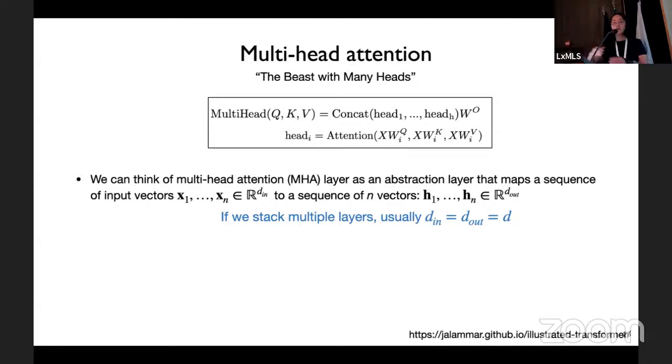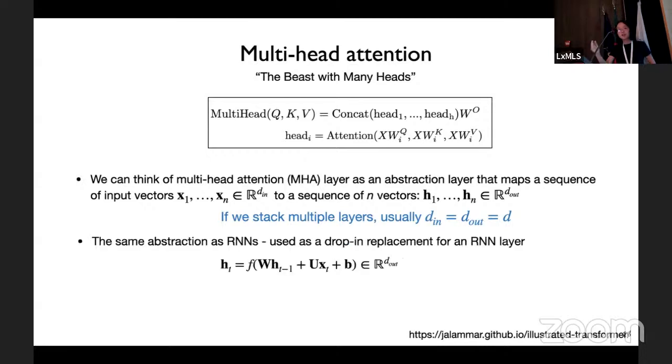In this case, we usually take D_in, the input and output vector dimensions, the same as the hidden representation, so you can stack multiple layers. But the embedding vectors can have a different dimension. You can also just apply a projection matrix there. I hope that answers your question.